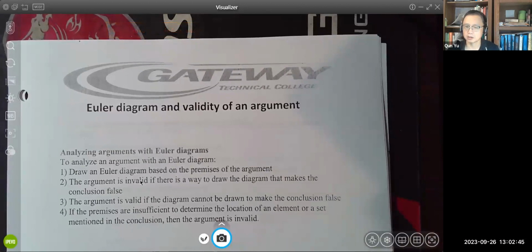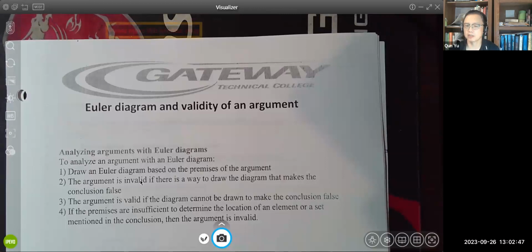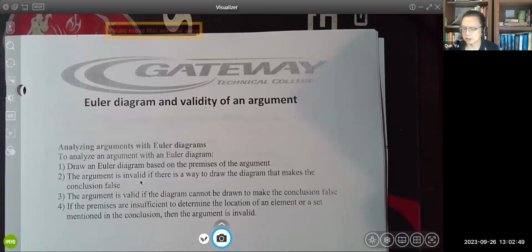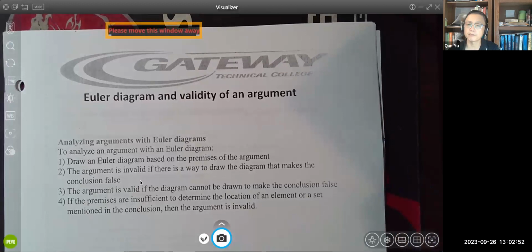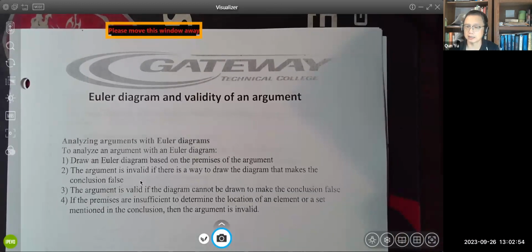And then, based on your diagram, you want to determine if there are other conclusions other than the one that is given. If more than one conclusion can be derived from your Euler diagram, that means the argument is invalid, because a valid argument can only have one conclusion. No matter who draws that conclusion, it will be the same.